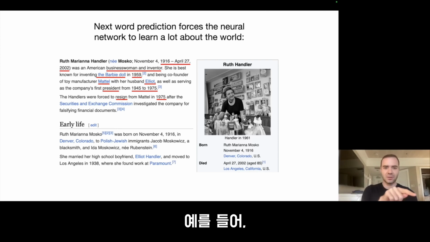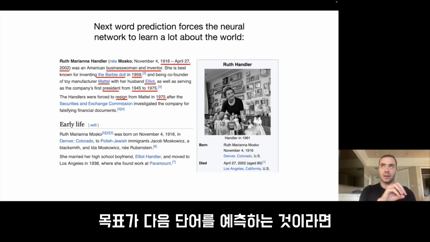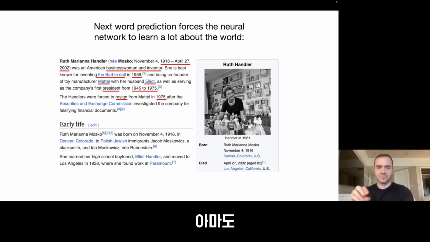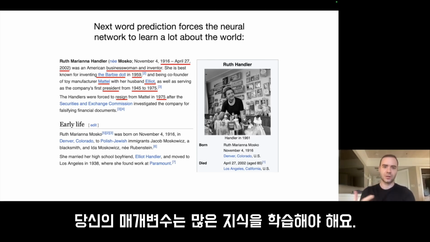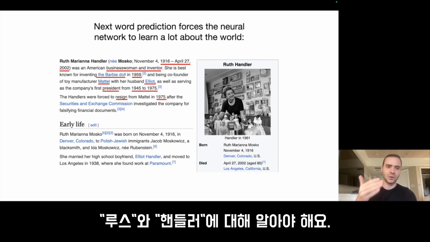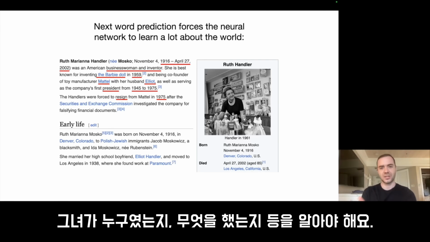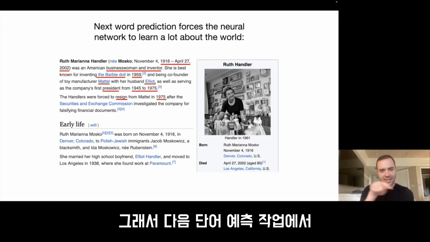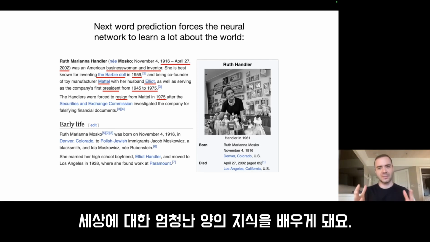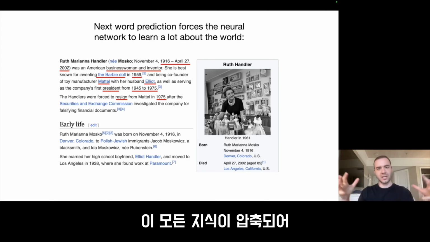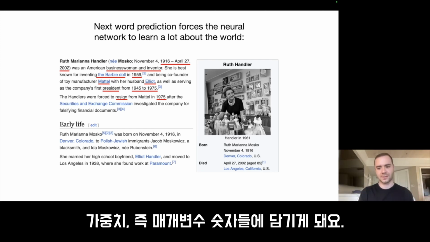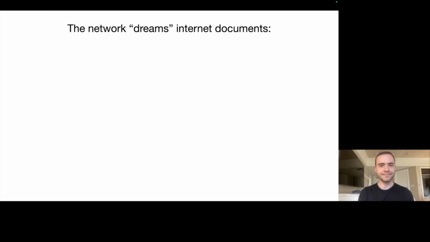And so, for example, if your objective is to predict the next word, presumably your parameters have to learn a lot of this knowledge. You have to know about Ruth and Handler and when she was born and when she died, who she was, what she's done, and so on. And so in the task of next word prediction, you're learning a ton about the world, and all this knowledge is being compressed into the weights, the parameters.